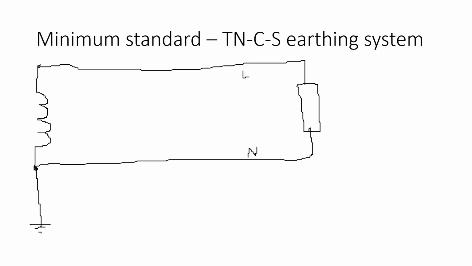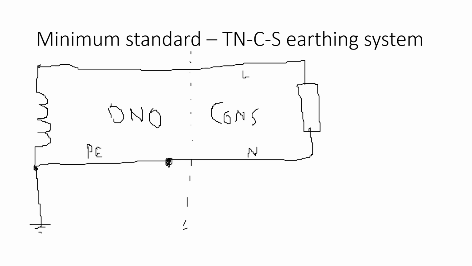I'd say the smarter people would divide up the two halves, one half being the consumer's installation, the other half being the distribution network operator's installation. Now, what makes this a TNCS earthing system, as we said before, is the fact that we've got this PEN conductor here, and you will need to label that as a PEN.